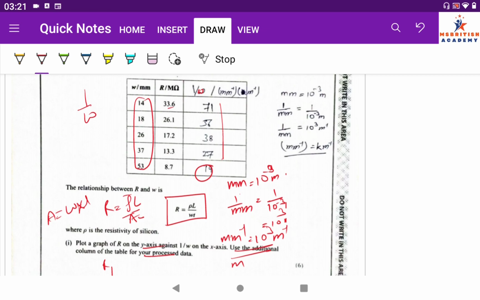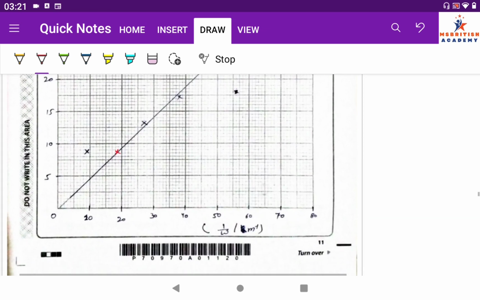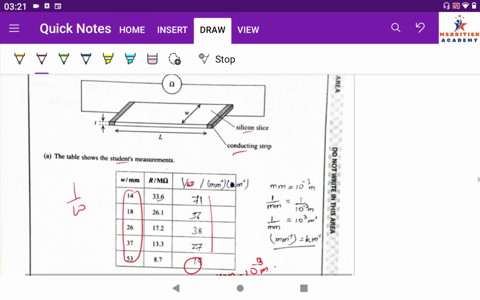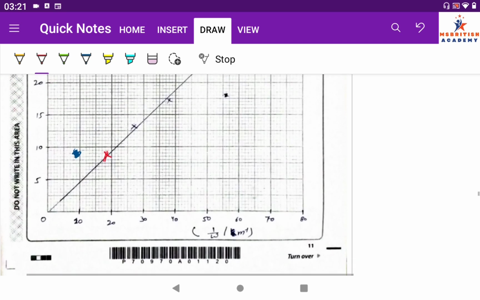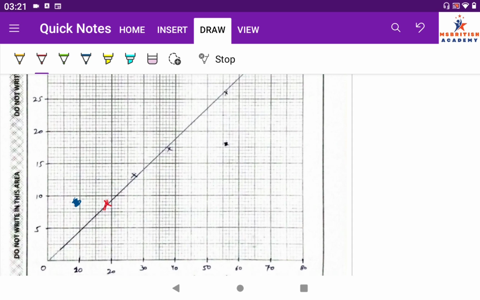And at 27, 13.3. So you can erase this, this is not our answer. Here, and at 38, 17.2.